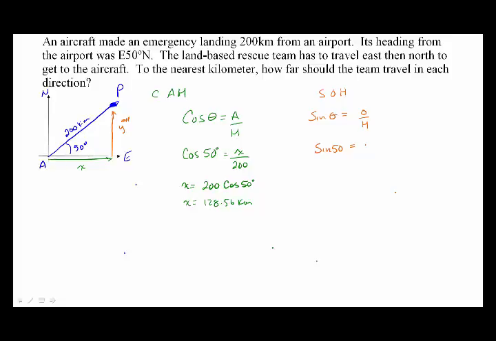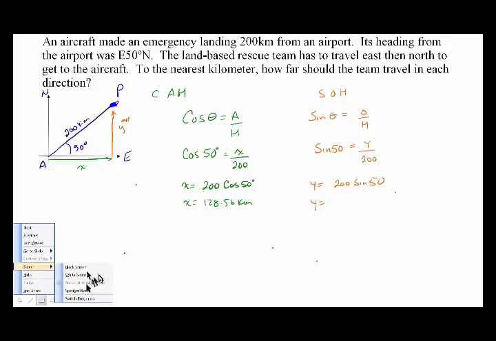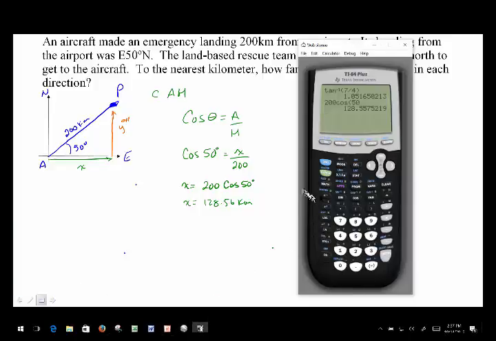Sin 50 is equal to Y over 200. Y is equal to 200 sin 50. Y is equal to 153.21.